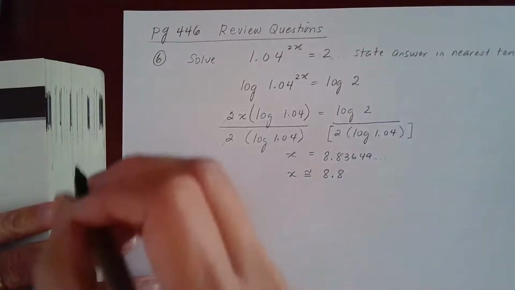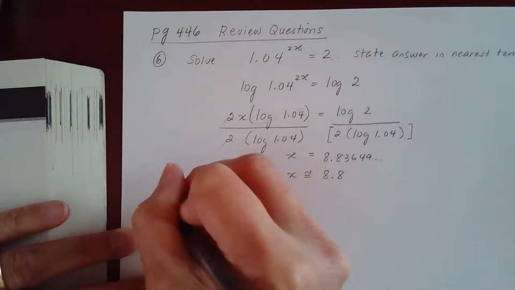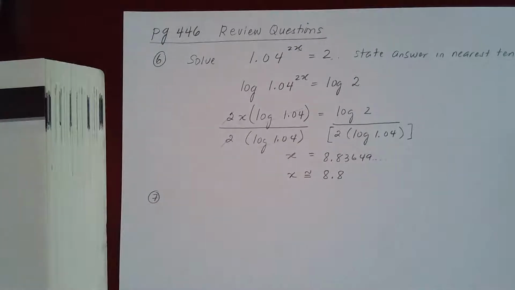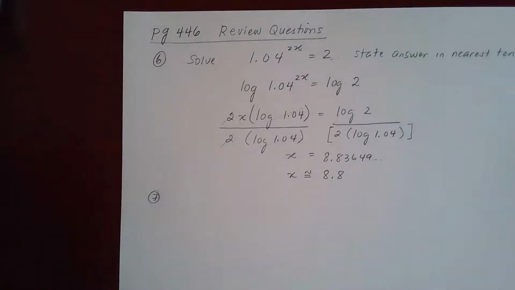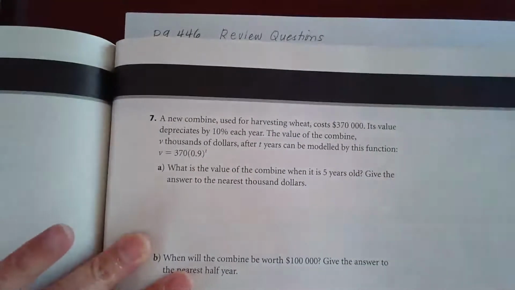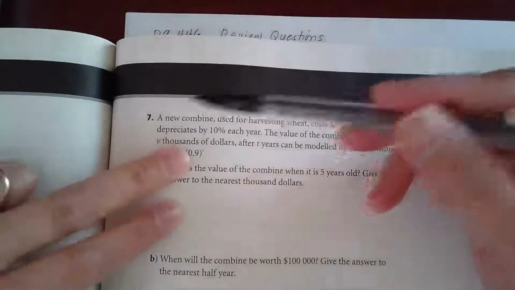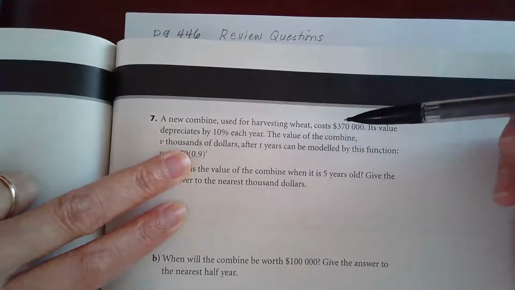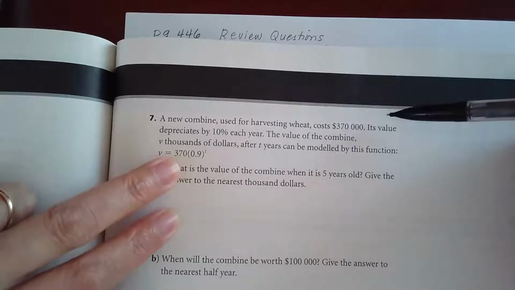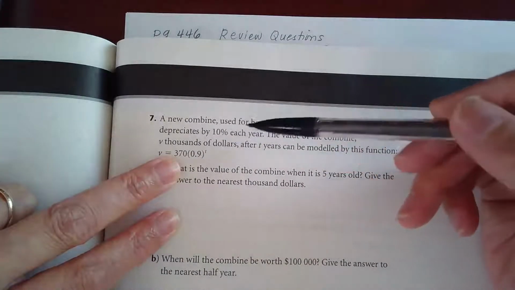Let's go on to question number 7. Questions 7 and 8 are word problems. I'll read it out first. A new combine used for harvesting wheat is $370,000. Its value depreciates by 10% each year.